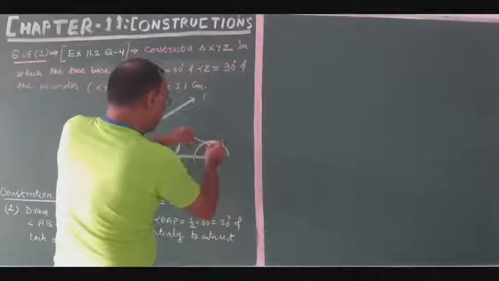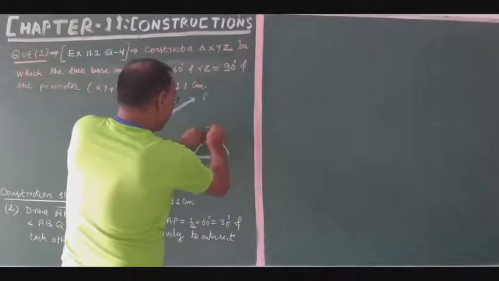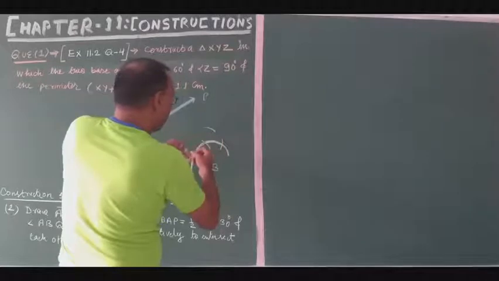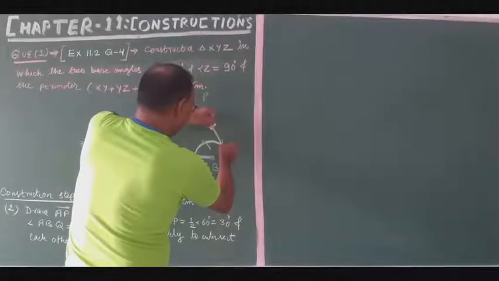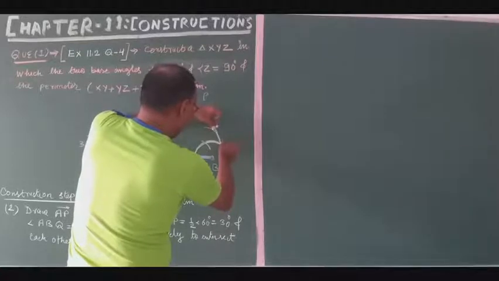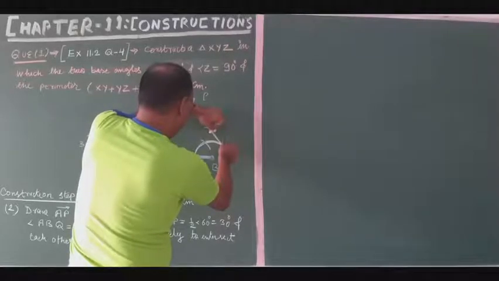And then we will put the compass here and more than half radius we will cut off arcs like this from here in this way.